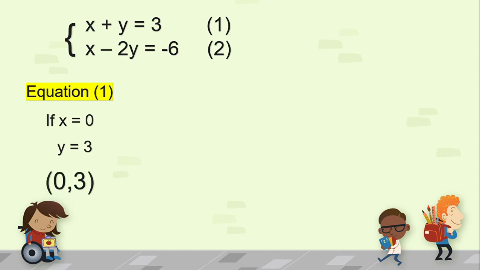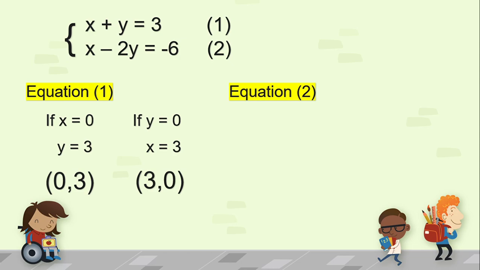So we have an ordered pair, (0, 3). Next, if y is equal to 0, then x is equal to 3. And we have an ordered pair, (3, 0).